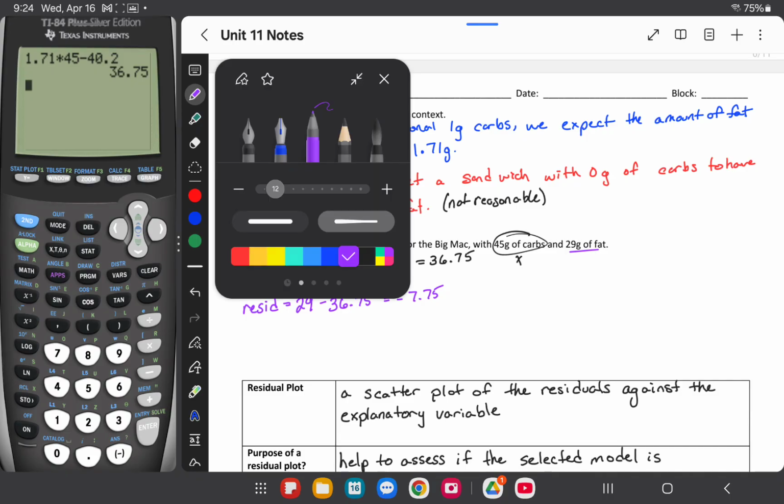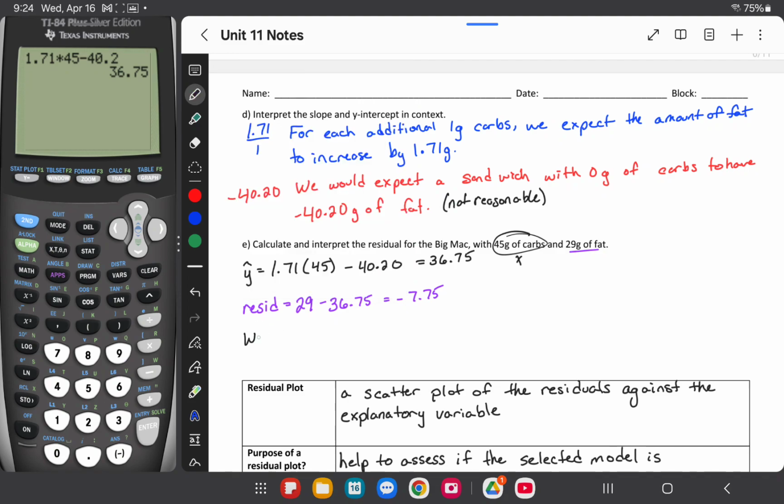So in other words, what we would have to say is that we, in this case, overestimated the amount of fat by 7.75 grams.